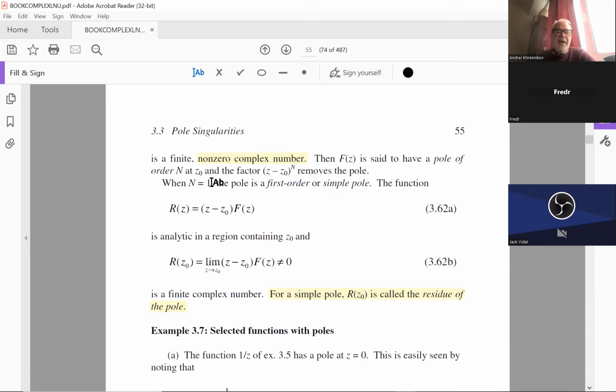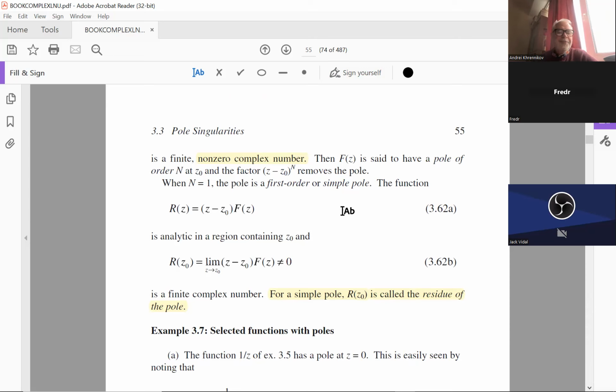This is a pole of order n, and this factor removes the pole. In further considerations, maybe until the end of this lecture, we shall consider the simplest poles, when it is enough to multiply just by z minus z0. So the pole of the first order, or simple pole.